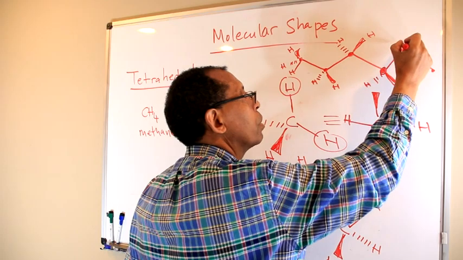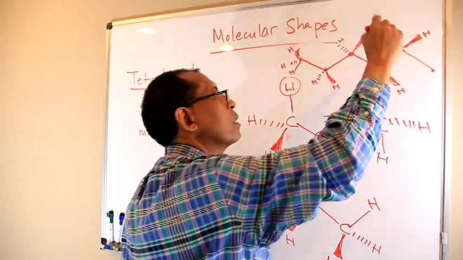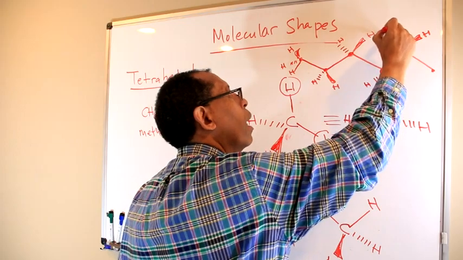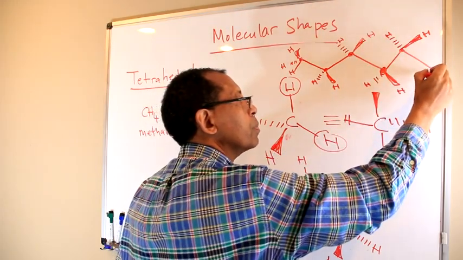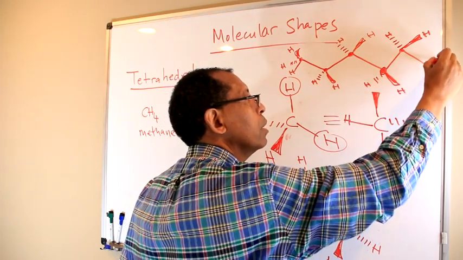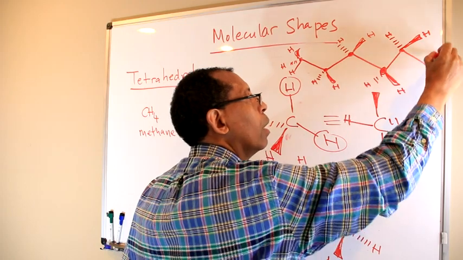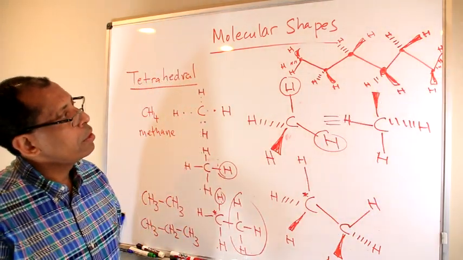You can also draw this. One hydrogen is sticking out to the surface and one into the plane of the board, and it continues. You have hydrogen out, hydrogen in, and one hydrogen on the surface of the board. This is how the chain continues.